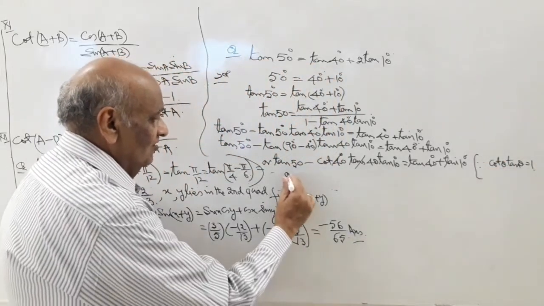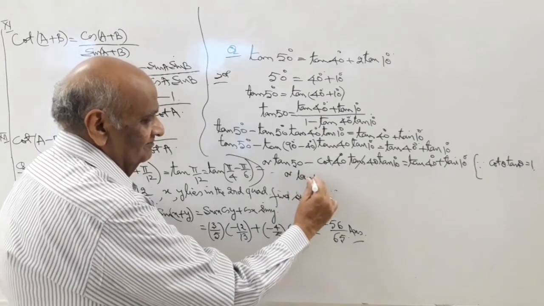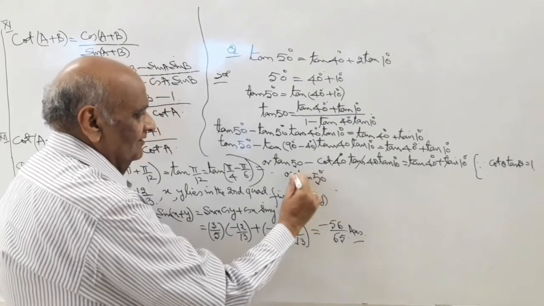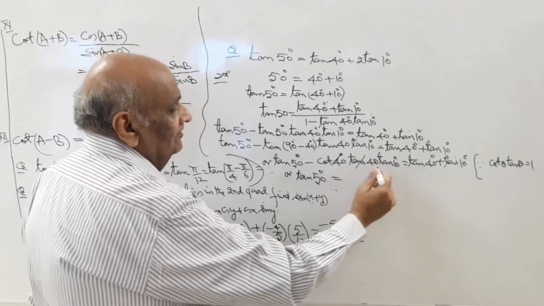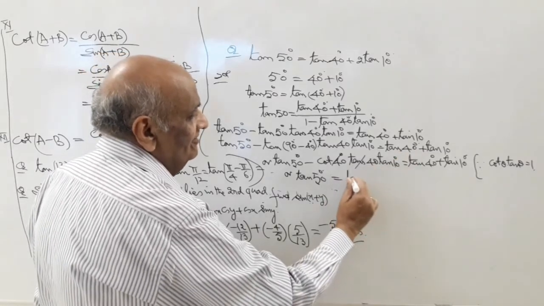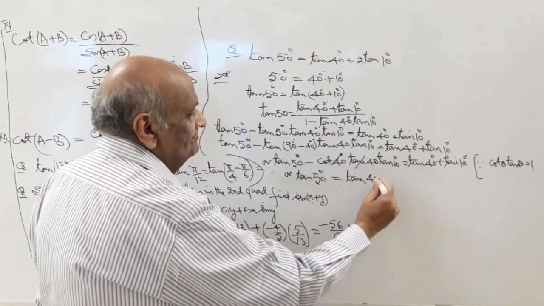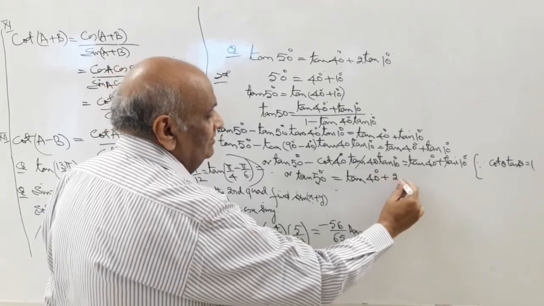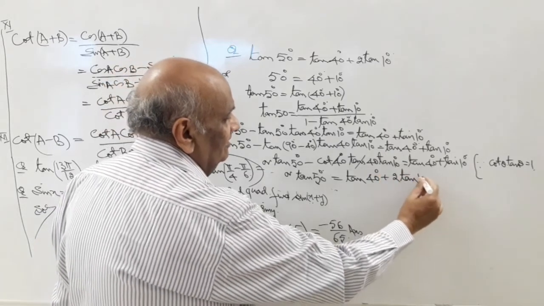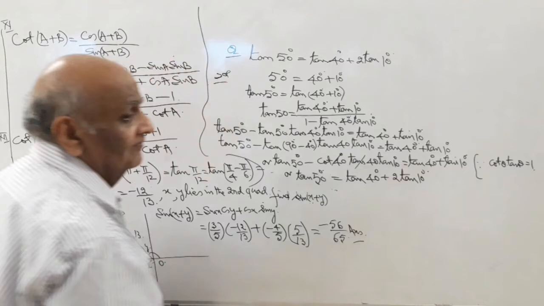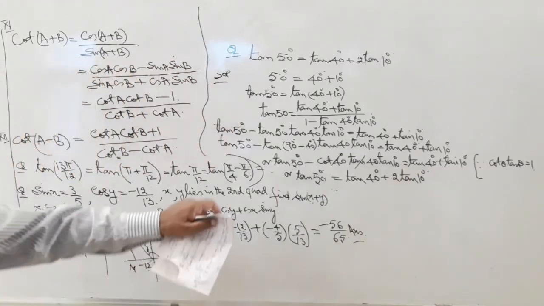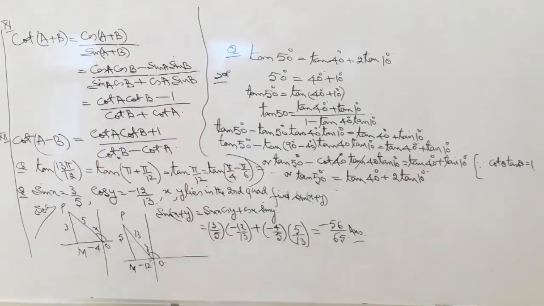So tan 50 degrees, transposing this to the right-hand side, is tan 40 plus 2 tangent of 10 degrees. Therefore, tan 50 degrees is equal to tan 40 plus 2 tangent of 10 degrees.